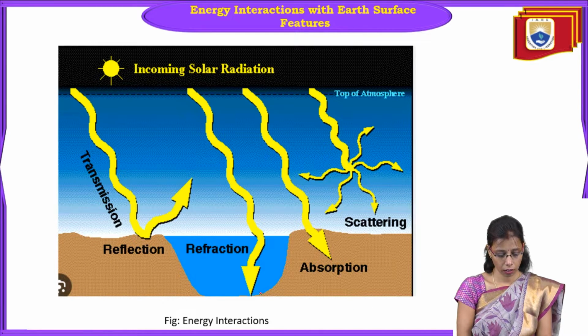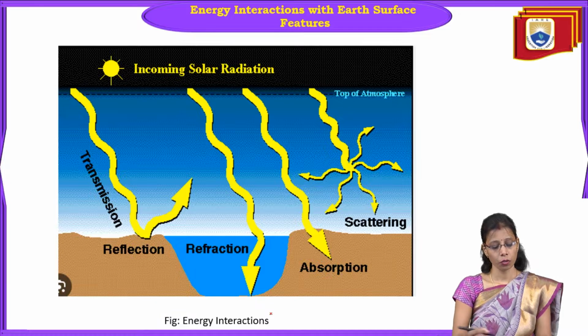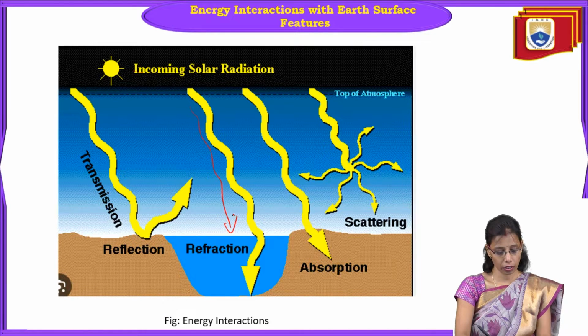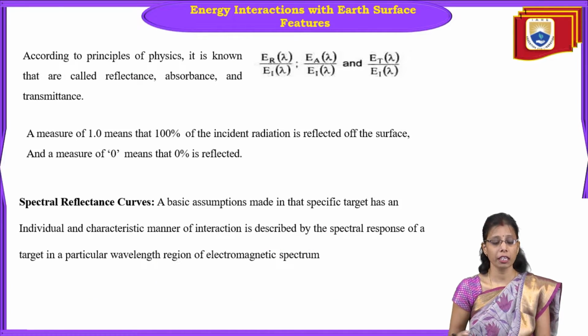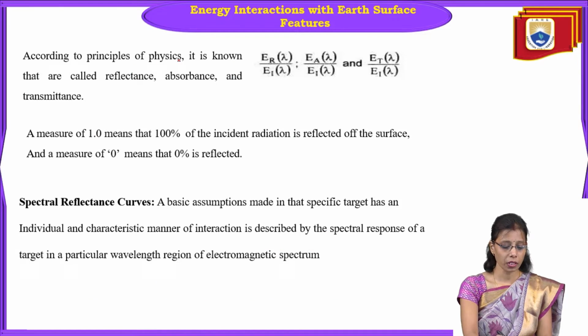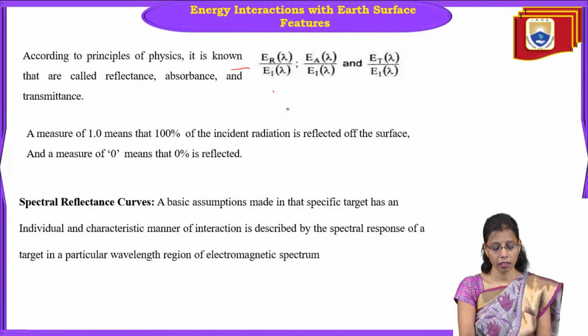Now here is the same picture in a different way. Here is our incoming radiation, transmission is taking place, reflection is taking place, somewhat scattering with the atmosphere, and here absorption is taking place, reflection is taking place. Due to the presence of different types of objects, it behaves differently. According to the principles of physics, it is ER by EI, EA by EI and ET by EI.